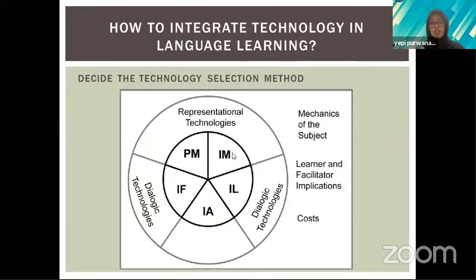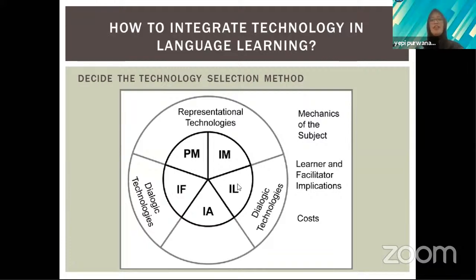We have to make sure that the students already understood the material. And then the second is what we call interaction with the facilitator. The facilitator here is the teacher, because the role of the teacher for now is not only the one who delivers the material, but more we have to be the facilitator.